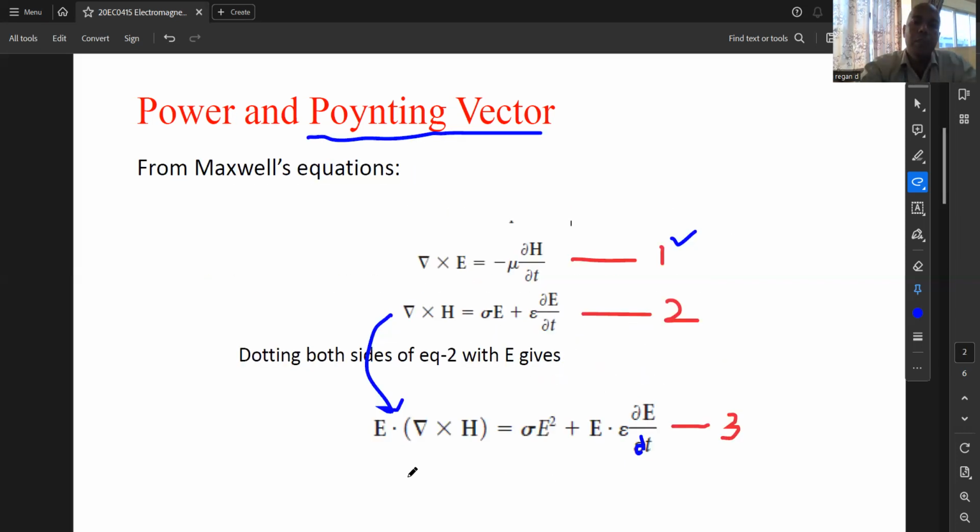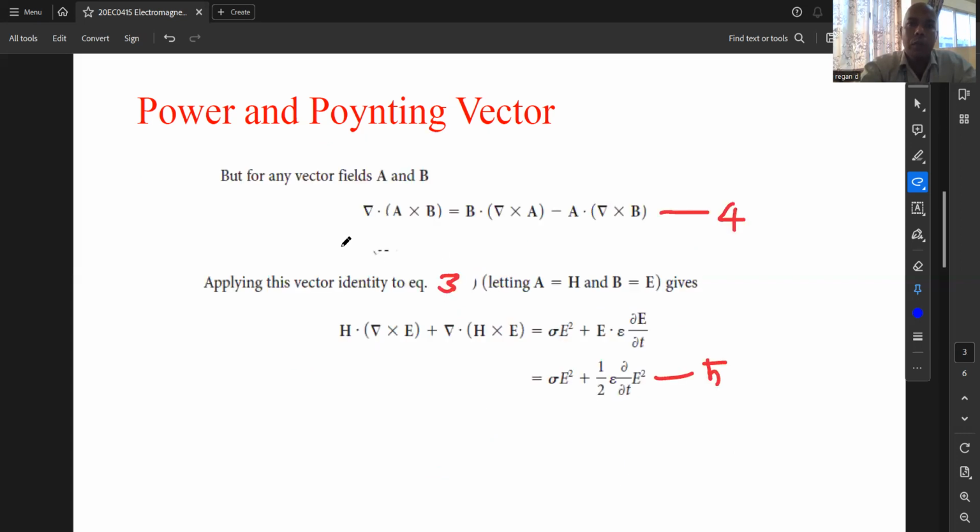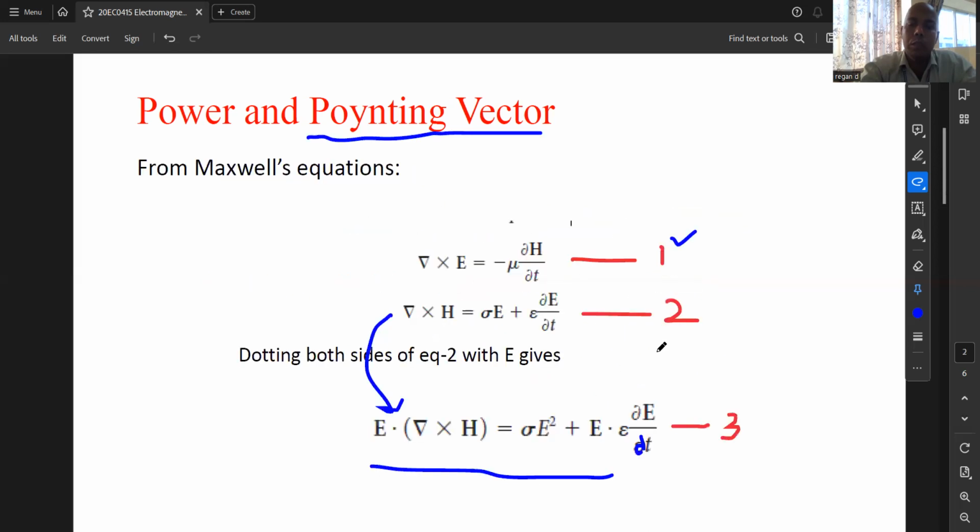Now see that in this equation 3, we have two vector fields, that is electric field and magnetic field. If it is so, we can apply one vector identity. The vector identity is, if two vector fields are involved, then del dot A cross B is equal to B dot del cross A minus A dot del cross B. I am going to apply this vector identity to equation 3.